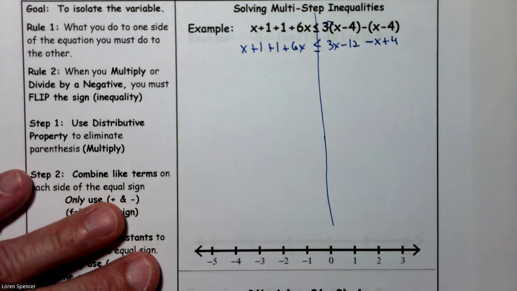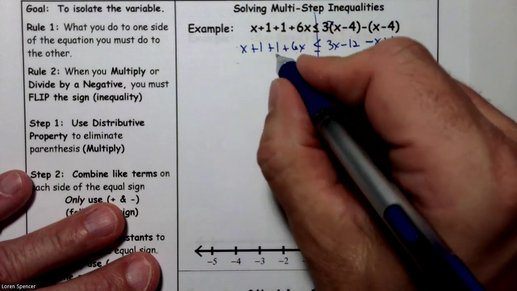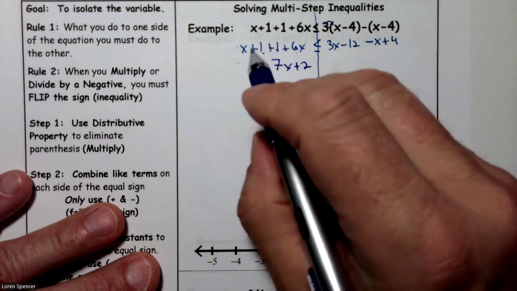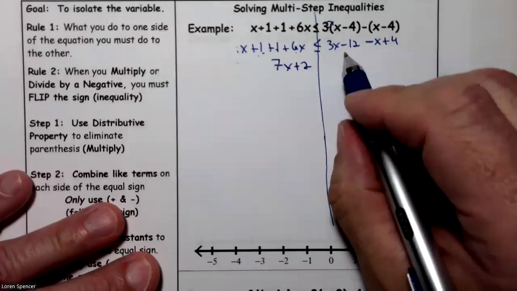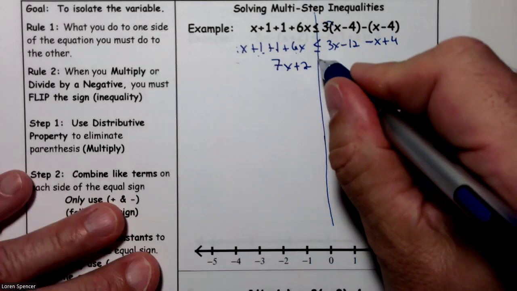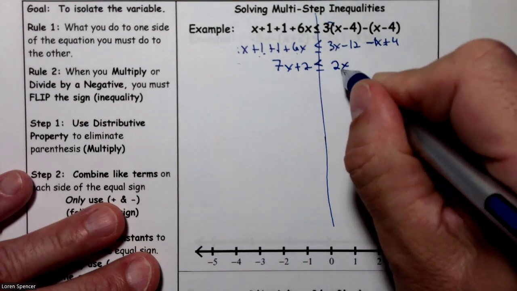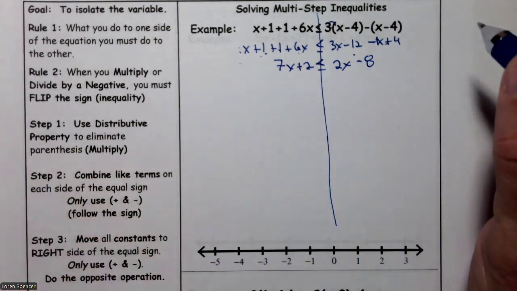At this point, I can combine like terms. So I can combine the x's. 1x and 6x gives me 7x, and 1 plus 1 is 2. So these combine to give me 2, this and this combine to give me 7x. Over here, 3x minus 1x is 2x, and -12 plus 4 is -8.